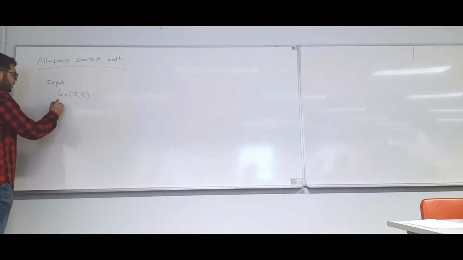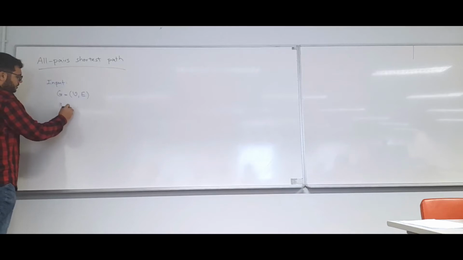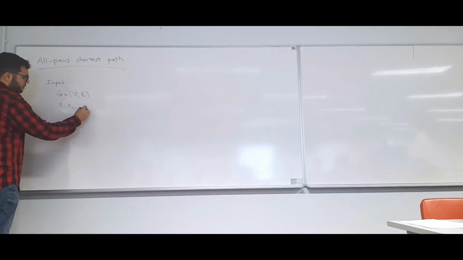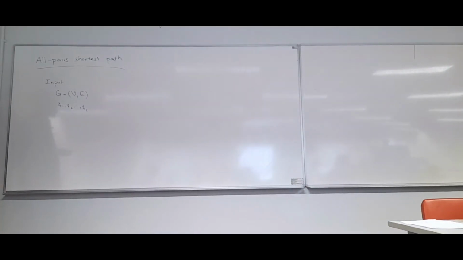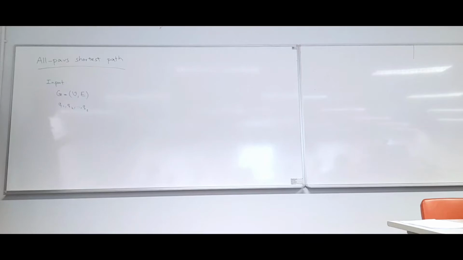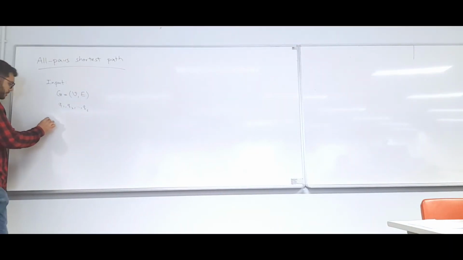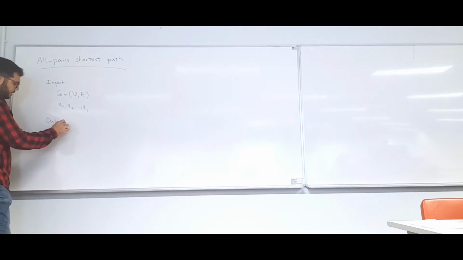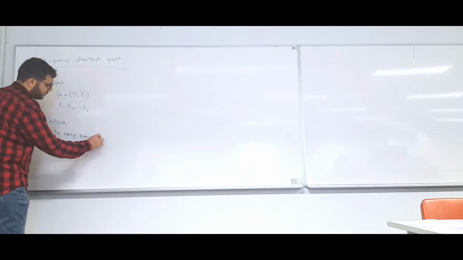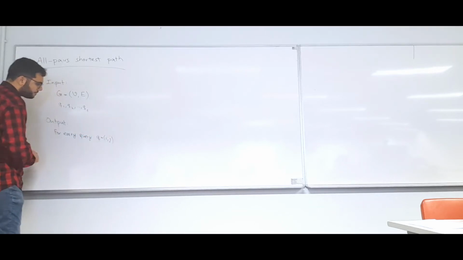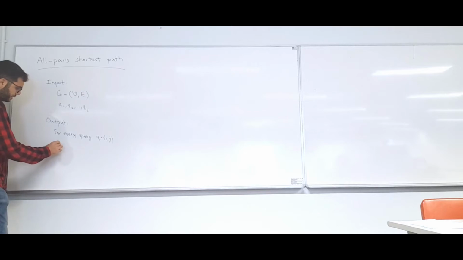So after this, I will have some queries, query 1, query 2, maybe query, I don't know, T. And every query gives you 2 vertices and asks for the length of the shortest path between these 2 vertices and also the shortest path itself. So the output is that for every query, let's say Q, which gave you 2 vertices I and J, you should output the distance.